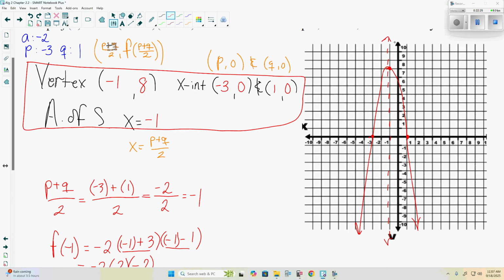And that there would be our axis of symmetry. So we know what the equation looks like. But the main thing I'm looking for is being able to find the vertex, axis of symmetry, and x-intercepts for these.